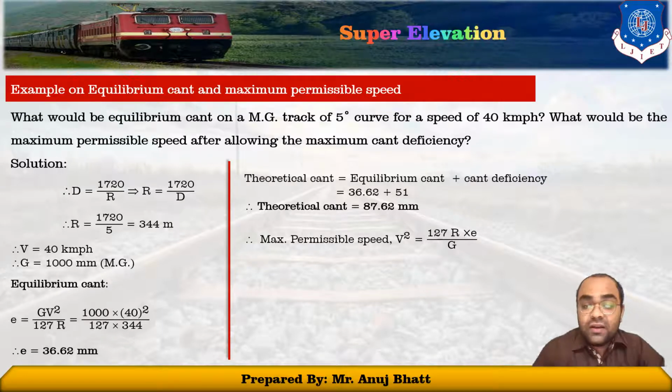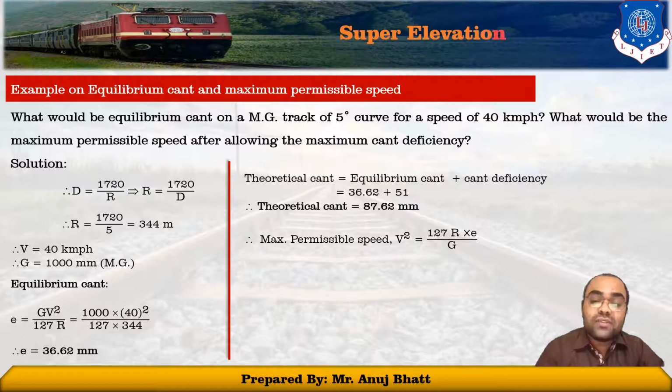In the formula E = GV²/127R, let's make the speed the subject, and the formula would be V² = 127 × R × E / G. We have the value of R, which is 344 meter, the theoretical cant E that we found, which is 87.62 millimeter, and the gauge is meter gauge, that means the value of G would be 1000 millimeter.